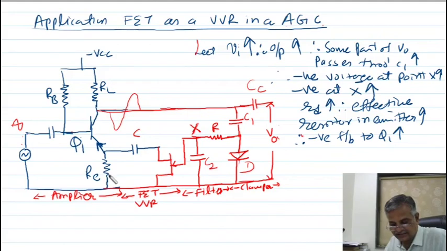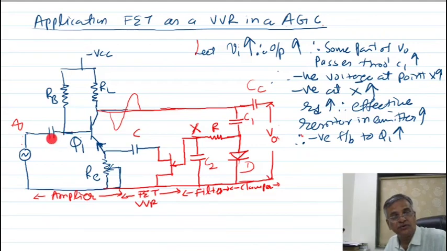Sometimes this is changing, so sometimes they mention it like this also. It's variable. Due to this resistance increase, the effective resistance in the emitter lead of the transistor increases. As that increases, the negative feedback increases. As negative feedback increases, your input decreases.